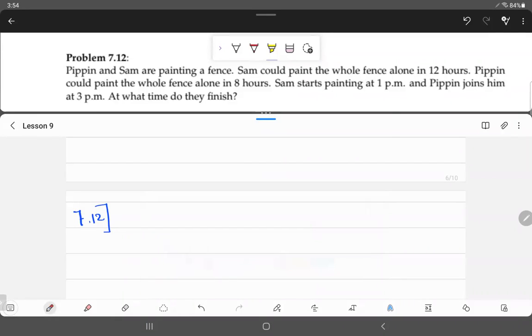Okay, so let me start with Sam. Sam can paint one fence. This is the job. I'm going to call it the job, okay? One fence, this is the time, 12 hours, right? And Sam already started at 1. Okay?